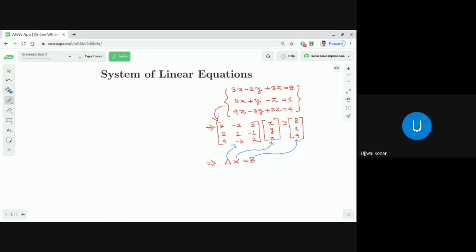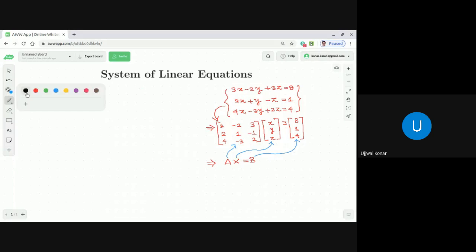Now, dear students, there are specific names for these matrices in the context of the discussion of system of linear equations. The matrix A is known as the coefficient matrix. Let me write it down.